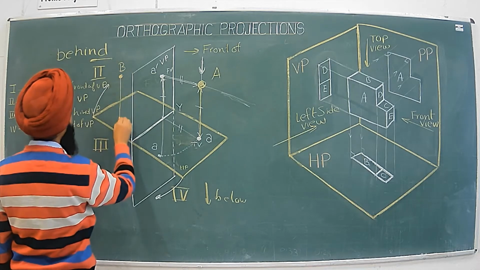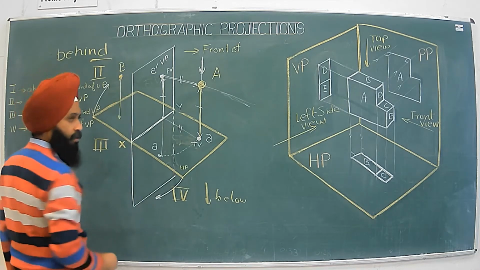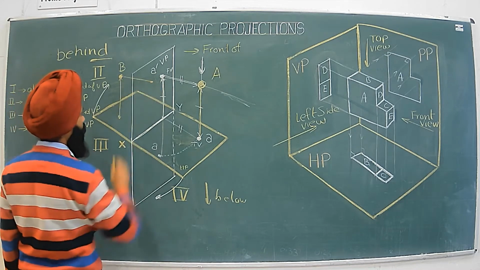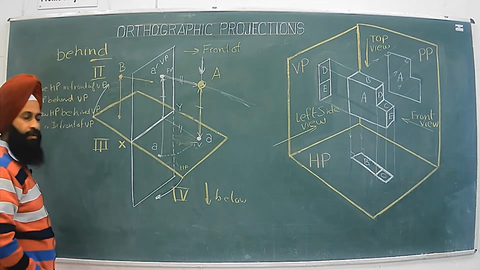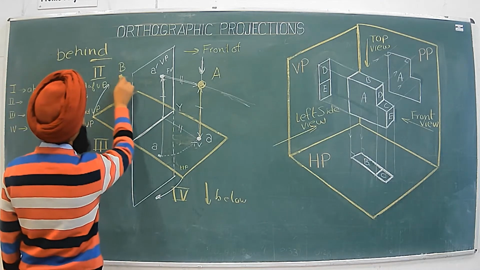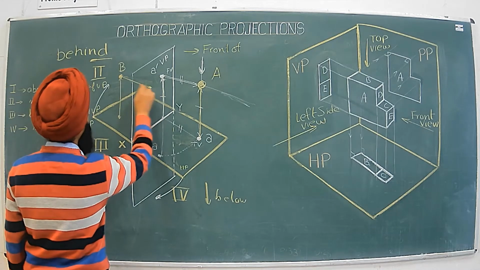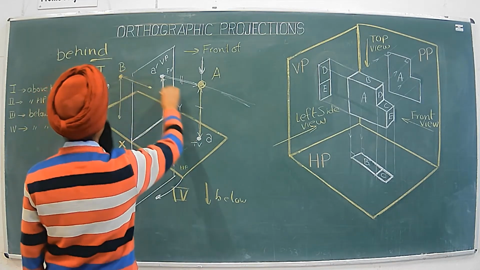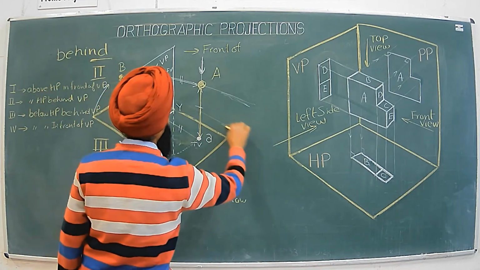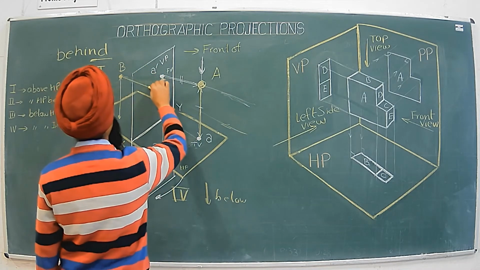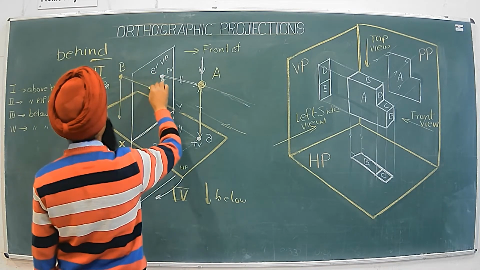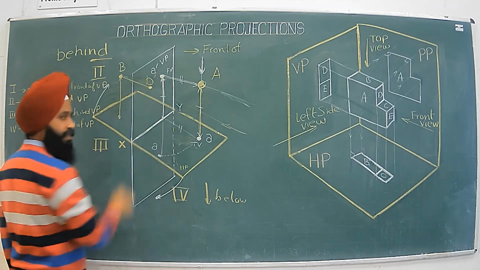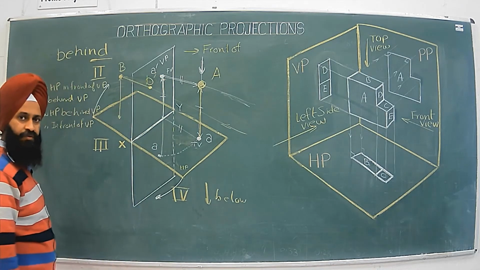So it is at some height from horizontal plane, it is at some distance from vertical plane. So if we see from front, its image will form on the vertical plane, and it will be B dash because it is front view.